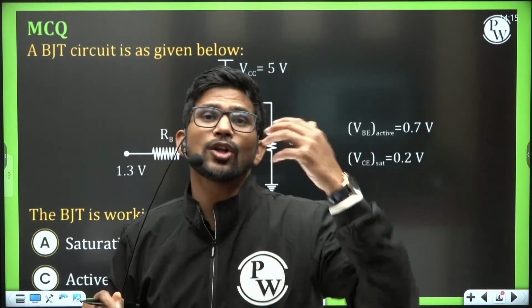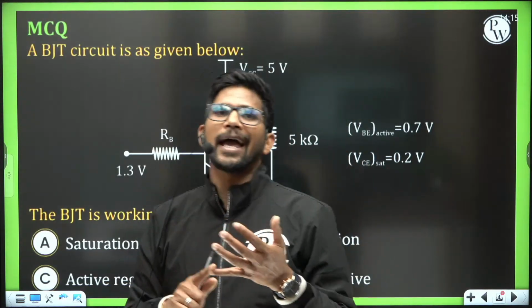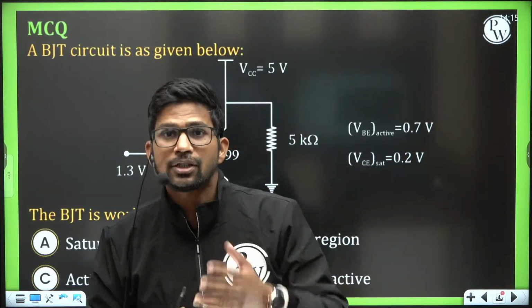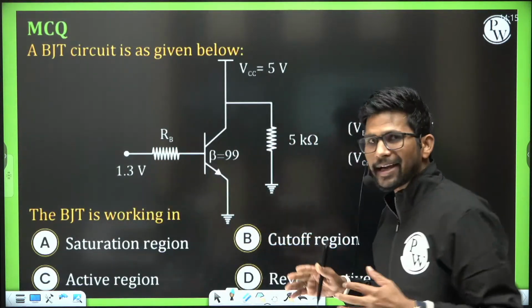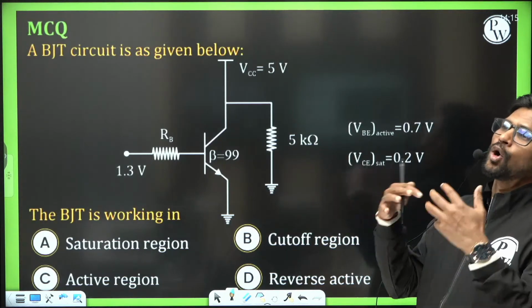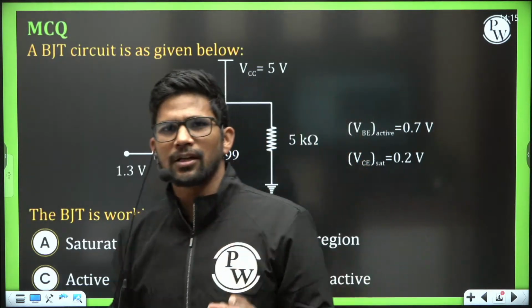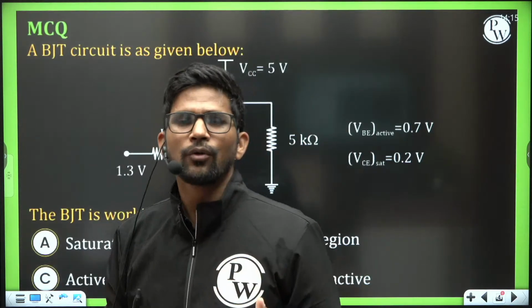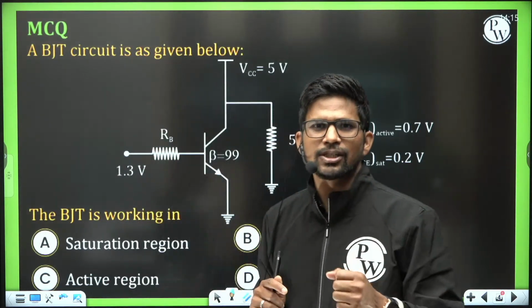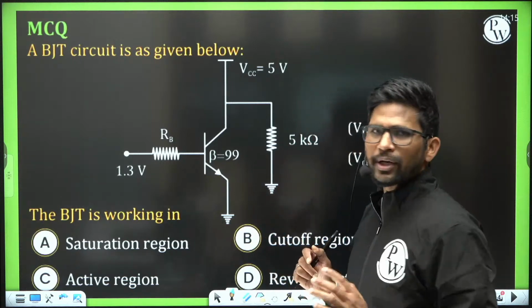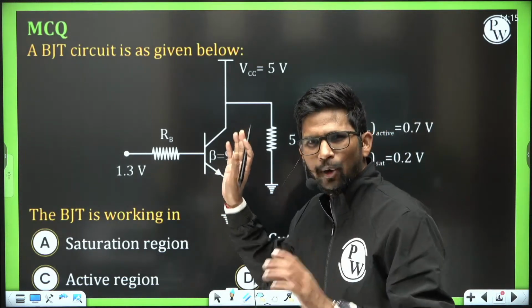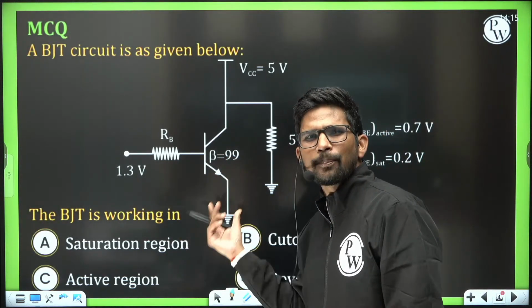If the BJT is in on condition, then it can be in active region or in saturation region. So how can I check whether my BJT is in on condition or off? The base emitter junction is sufficient to tell you whether the BJT is in on or off condition. What you need to do is the same as with a diode, because it is also a PN junction.